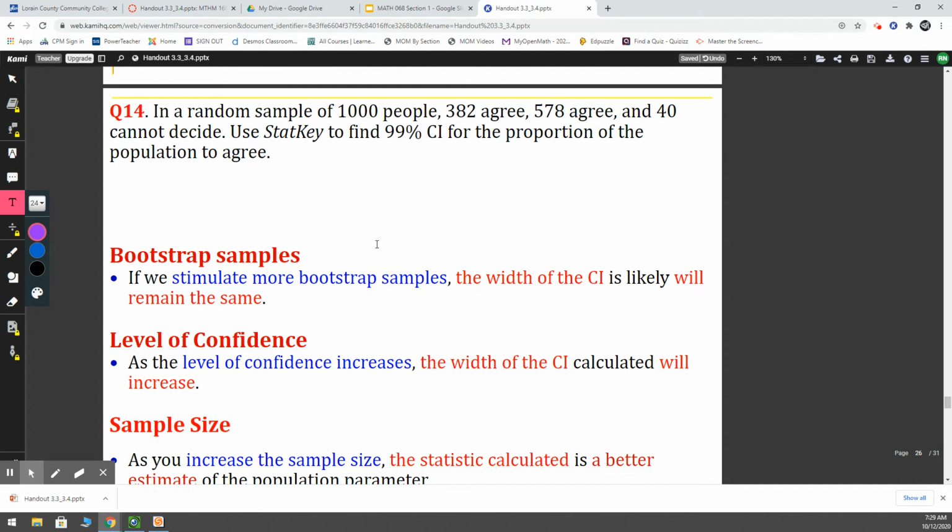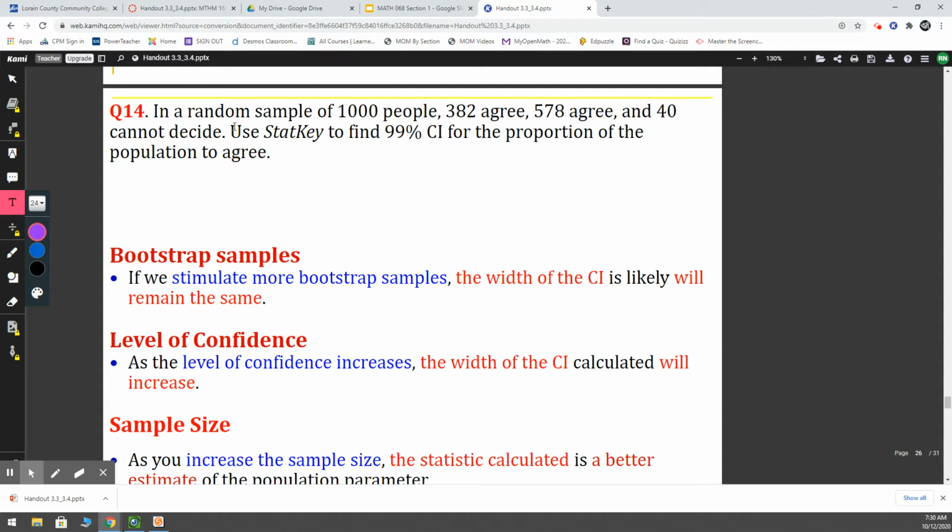In a random sample of 1,000 people, 382 agreed, 578 agreed. Wow, that's a little messed up. They both say agreed. 40 cannot decide. Use StatKey to find a 99% CI for the proportion of the population to agree. Okay, so obviously there's a typo in this slide, and one of these numbers is supposed to be agree and one is supposed to be disagree.